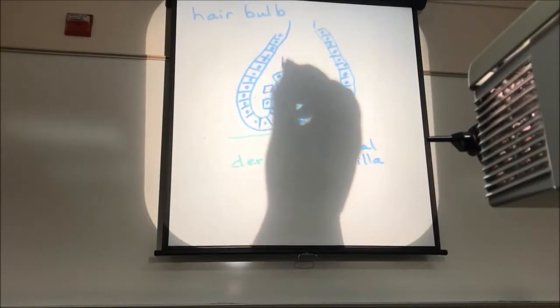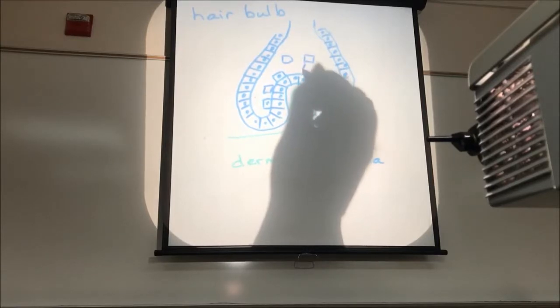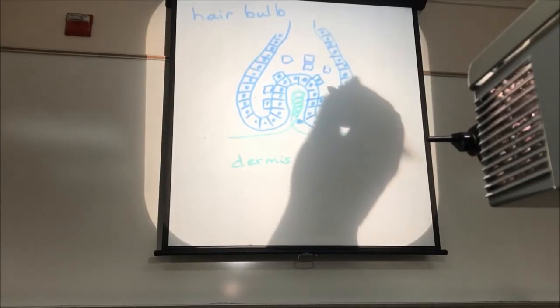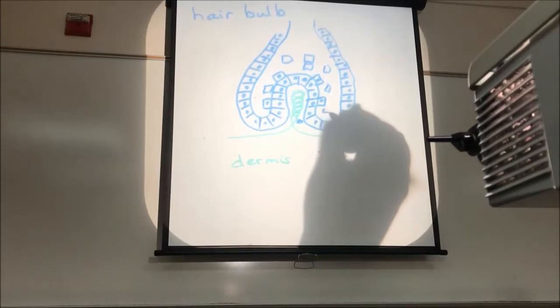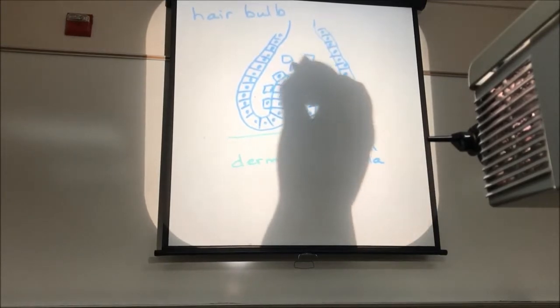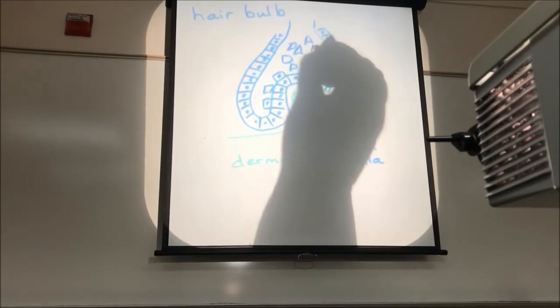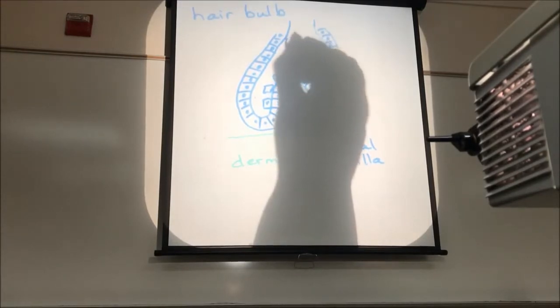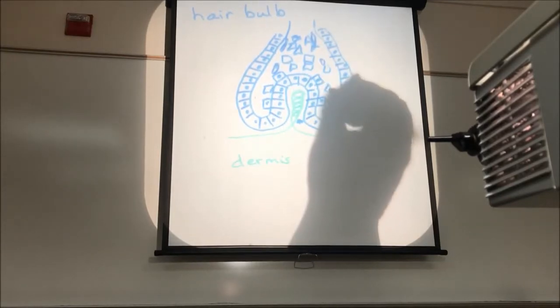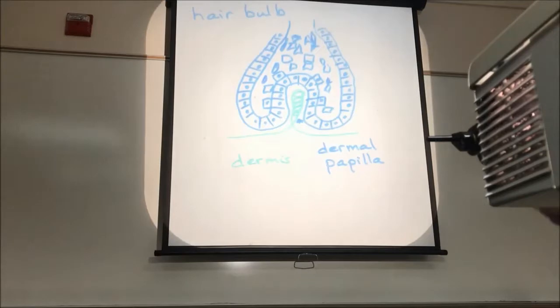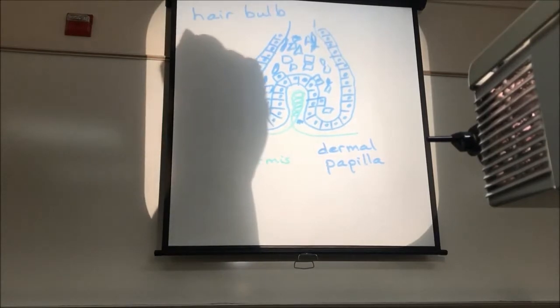And so what's going to happen here is that new cells are going to keep being added as these hair bulb cells are reproducing, and the older cells are going to get pushed up away from the papilla and compacted together. These cells are very much like keratinocytes.